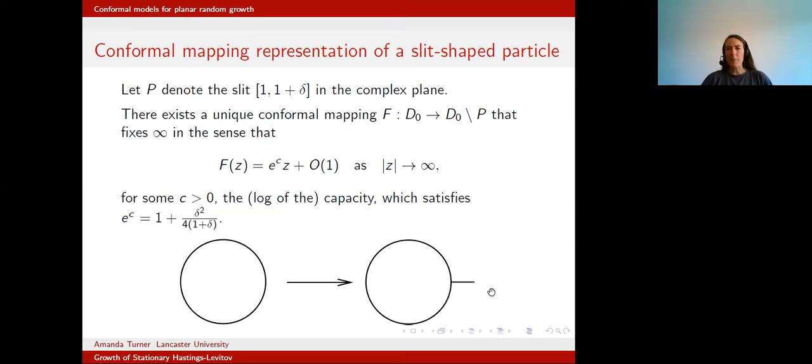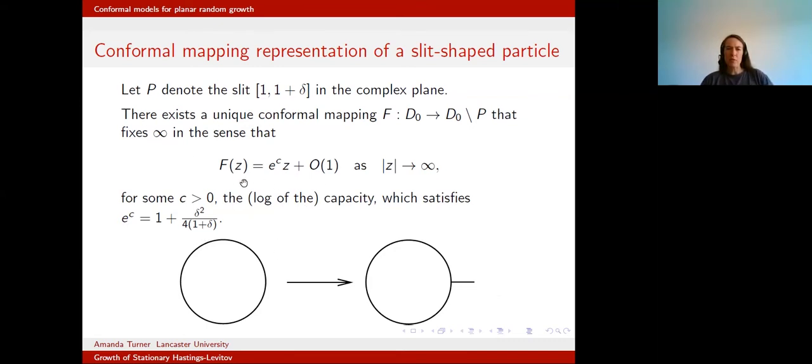And we want that mapping to fix infinity because that's where our harmonic measure is coming from. And one final requirement, we don't want to have rotations at infinity, so we want the derivative to be real at infinity as well.